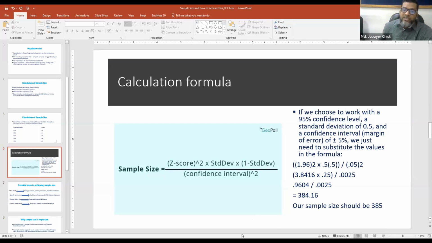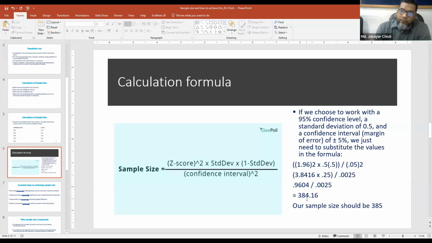And here it has been shown that if we take the 95% confidence interval with the 5% standard deviation, that is called type 1 error. And for the 95% confidence level, our Z-score is 1.96. And using this formula, we can calculate the sample size very easily.